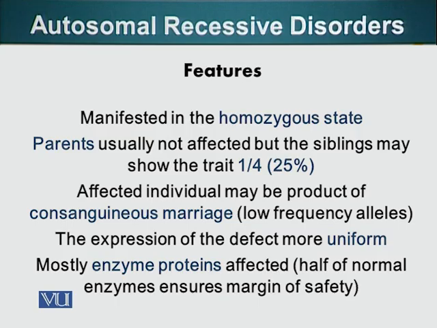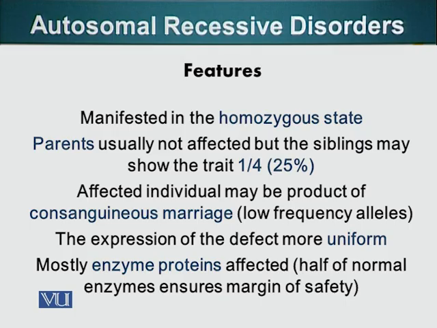As we have already talked, enzymes are very potent catalysts. So even if half the population of enzyme is abnormal, the normal enzyme population can mask the effect of abnormal enzyme. I didn't mention when I was talking about autosomal dominant disorders.